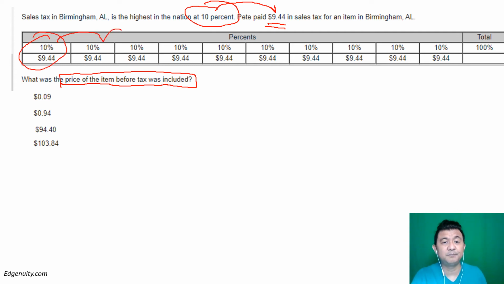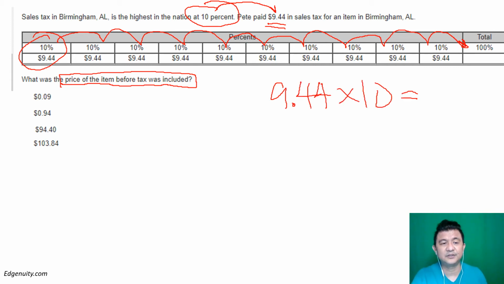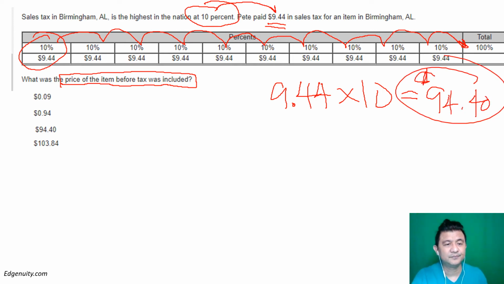And how many 10% do you need to get 100? Of course, times 10, that's 100. Therefore, how many 9.44 will you need? So 1, so 9.44 times 10 is equal to 94.40. All right, so that's our answer, this one.